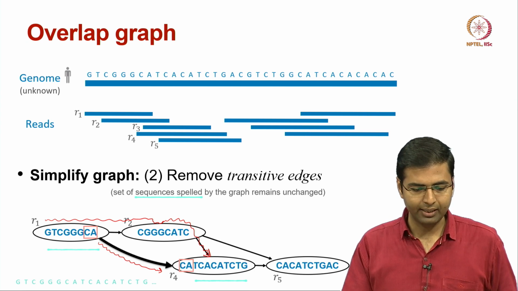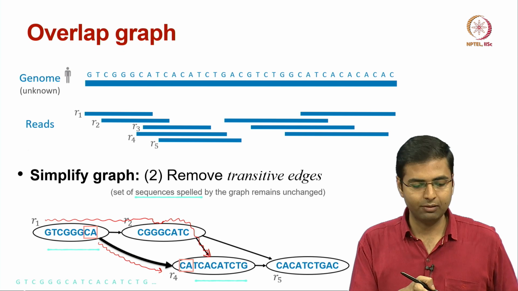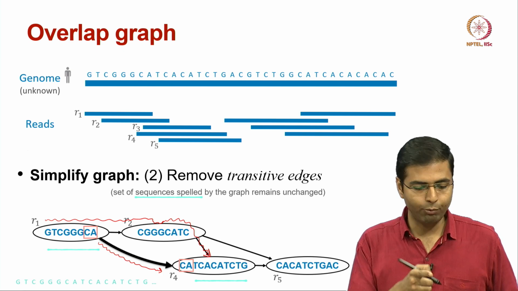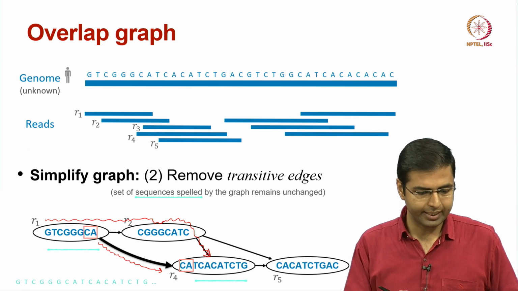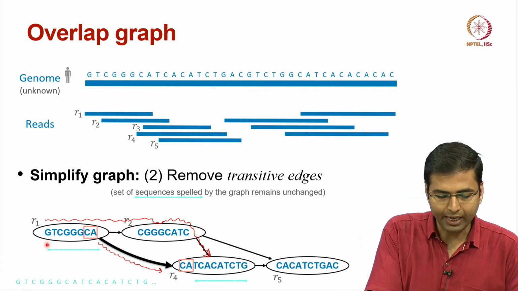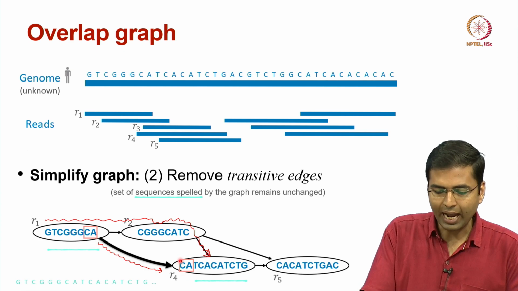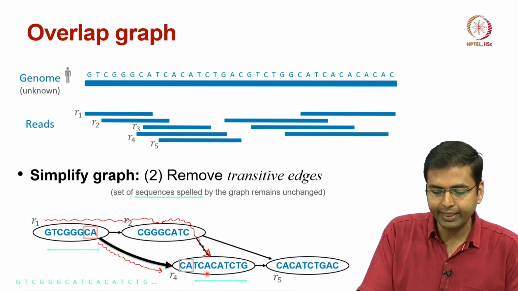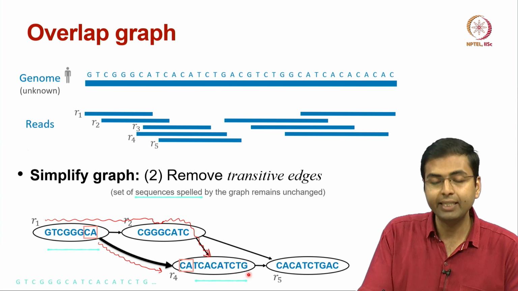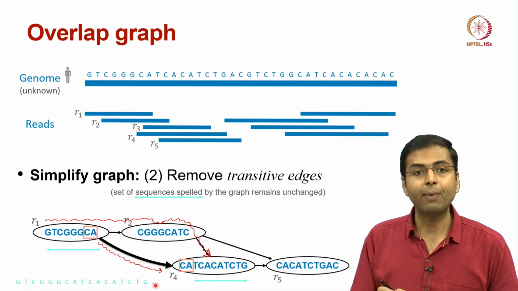For example, in this case I am showing you the sequence spelled by this first path in light blue color. The sequence spelled by the R1 R4 path will be GTC GG CA, and then ignoring the overlap here it would be TCA CA T CTG.